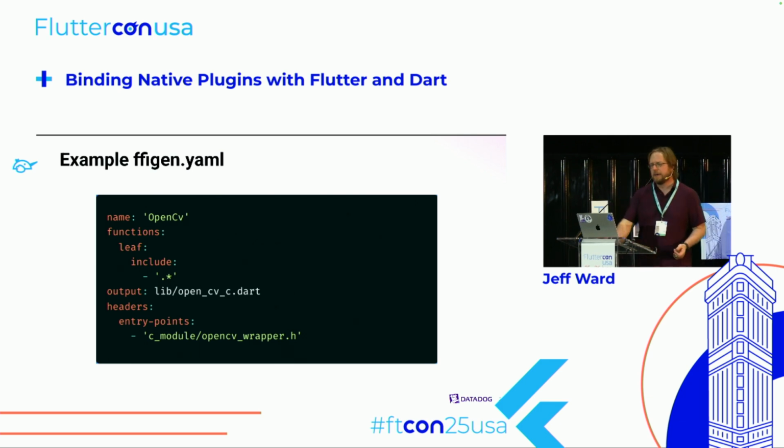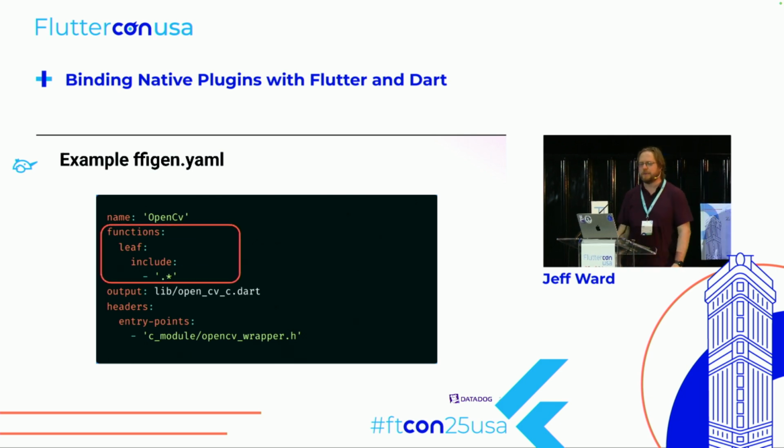So here's the example. For OpenCV, we're going to include all of its header files. But the other thing, we're going to include the OpenCV wrapper that I'm working with. But we're also going to mark everything as leaf. What this means in Dart with ffigen is all of these functions are guaranteed to never call back into Dart.